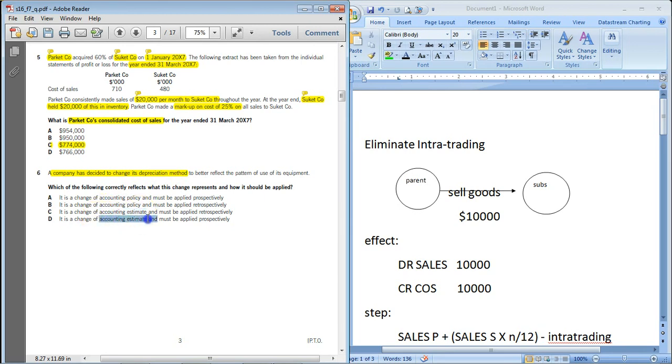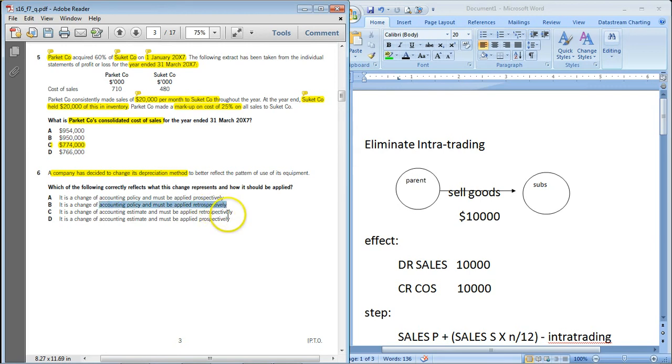You got C, accounting estimate. You got D, accounting estimate. You can use an elimination technique. When you see accounting policy cannot be prospective, this is totally wrong. Accounting policy is only retrospective. So you have the first choice.